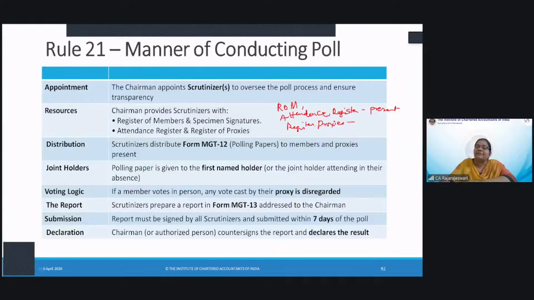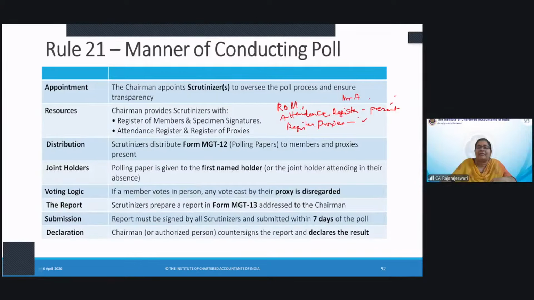The scrutinizer will check the attendance register. Suppose Mr. A was not there. Suppose his proxy form is there, then the proxy can vote. If his name is not in the attendance register or he has not appointed a proxy, but he has given a vote, then the scrutinizer will see whether it was given by mistake, and will cross check whether the persons who have demanded a poll or who have voted were physically present or have appointed a proxy.